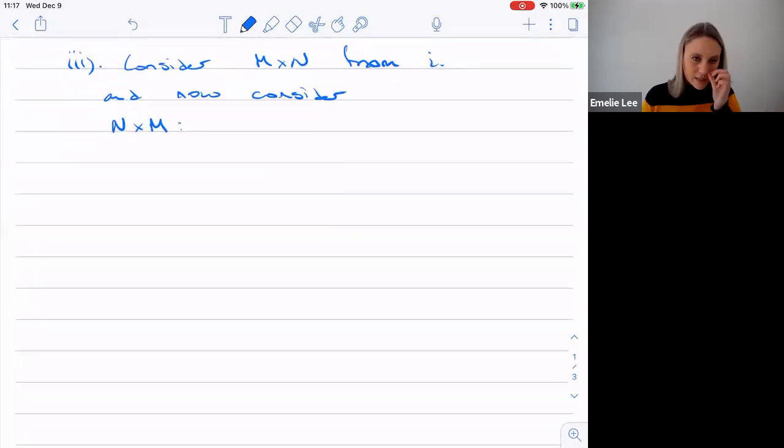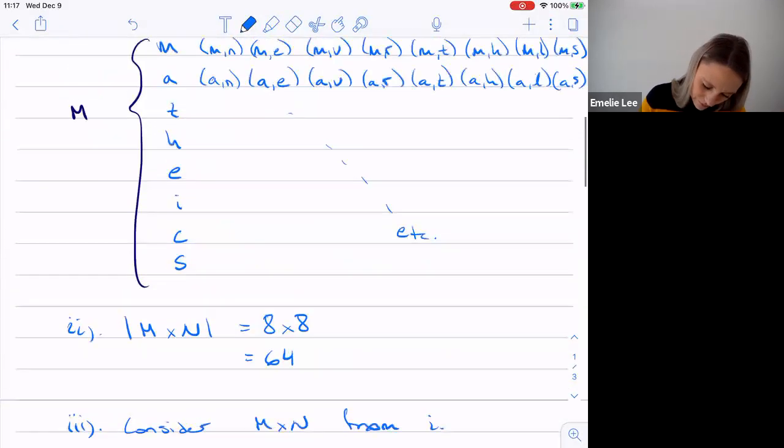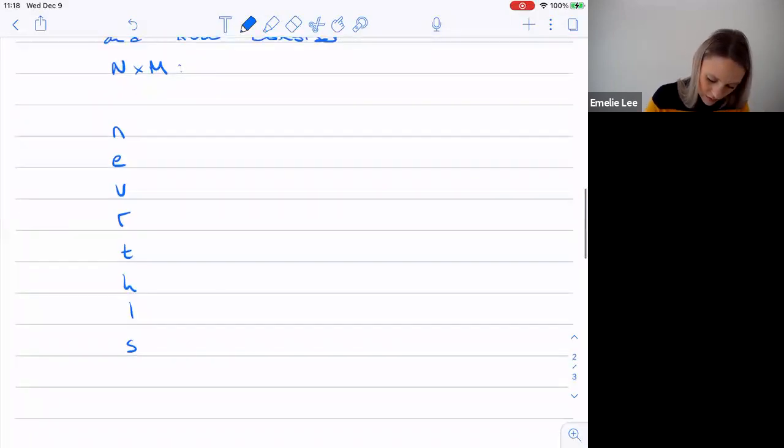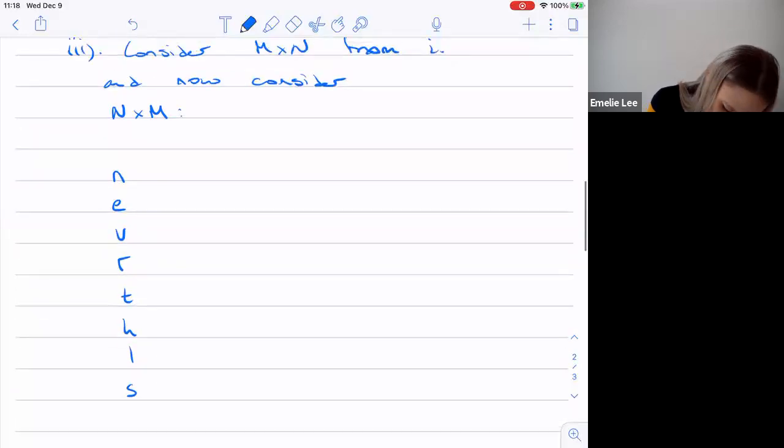Which is going to be something like, I guess I should write it out. Nevertheless. 1, 2, 3, 4, 5, 6, 7, 8. Got them all. Got to catch them all. Oops, need a little bit more room. Mathematics.